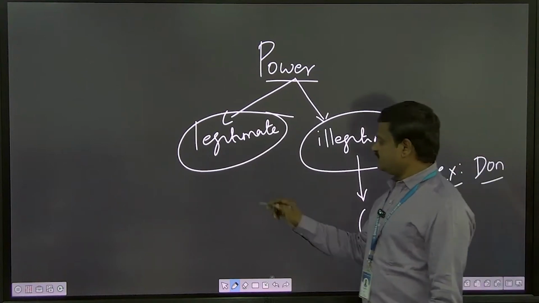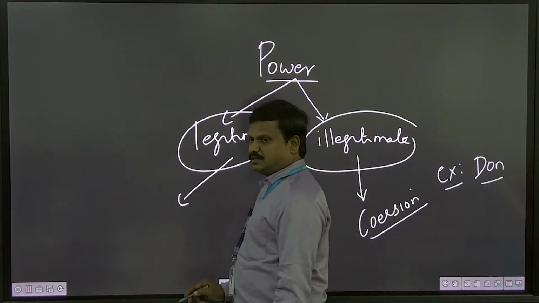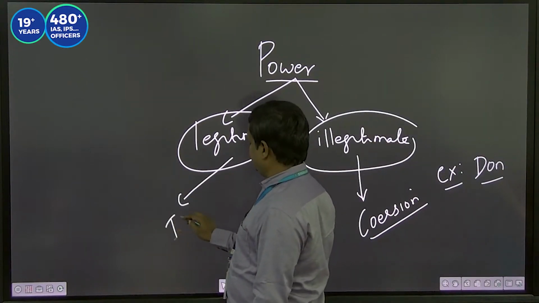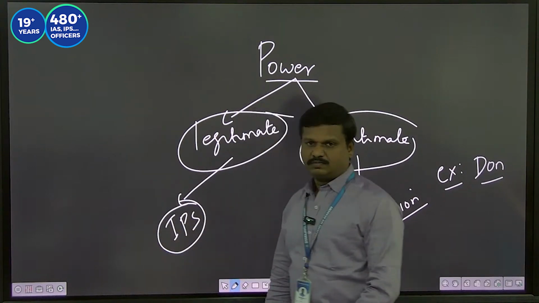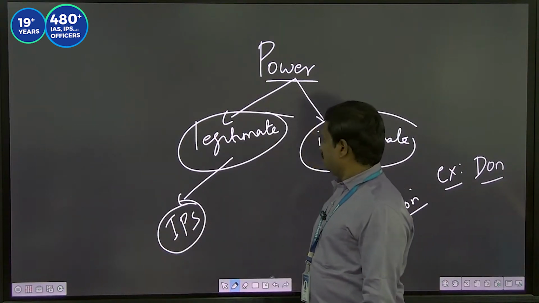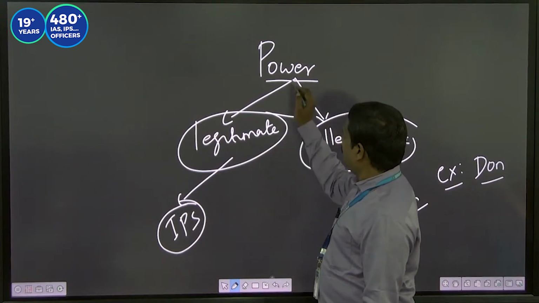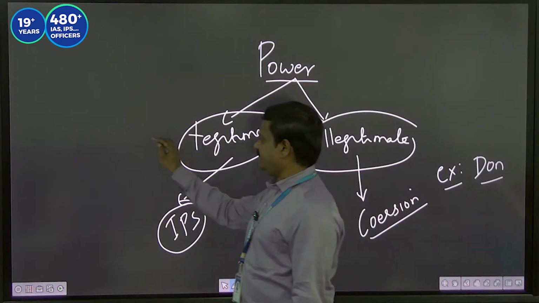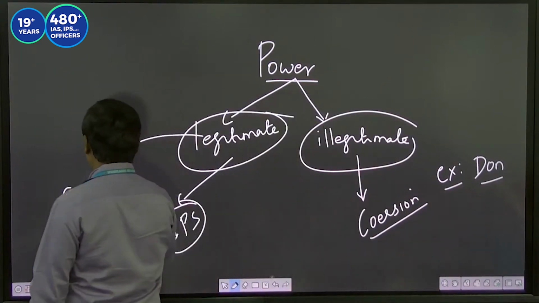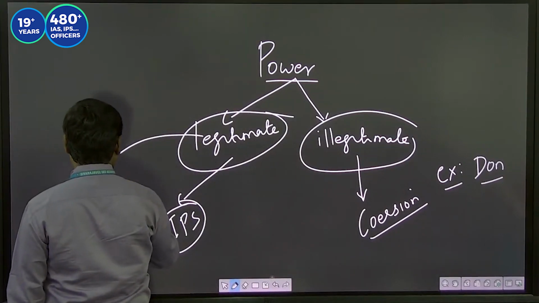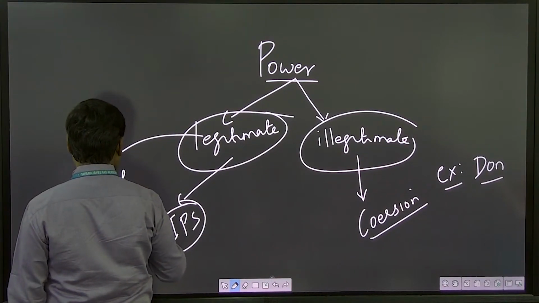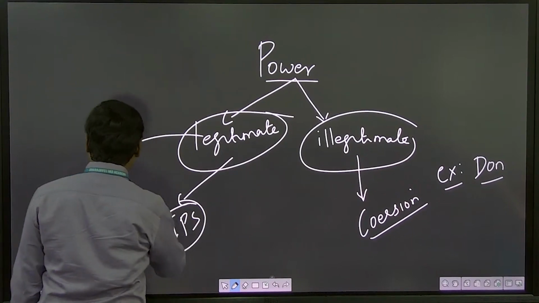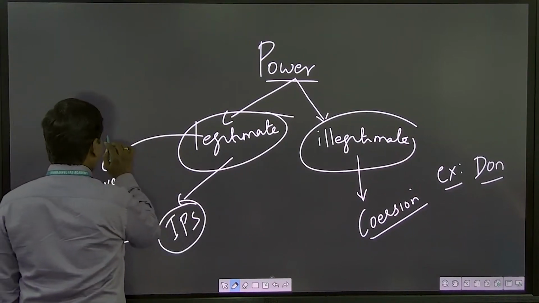Legitimate power means, for example, an IPS officer. So what do you mean by legitimate? Legitimate means approved by people. Why do people approve that power of the IPS officer?